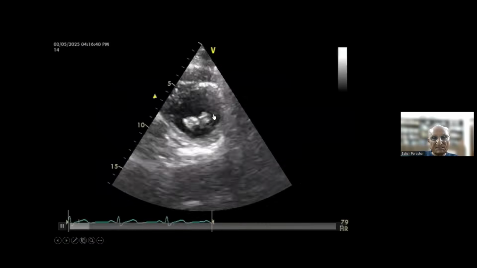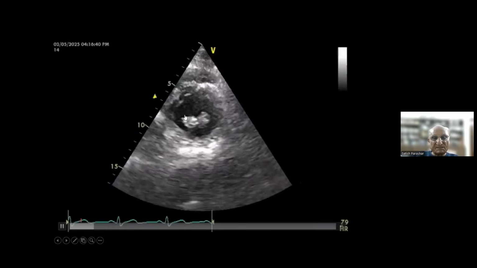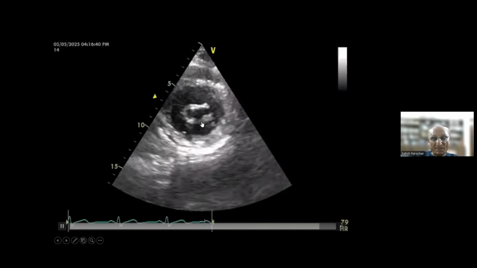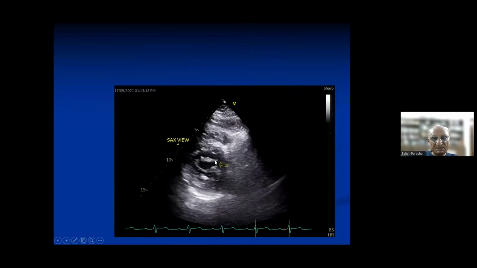You can see again some calcification of the commissures, and this is one commissure, this is another commissure. And you can see in the still images that this is a split commissure and this is another split commissure.